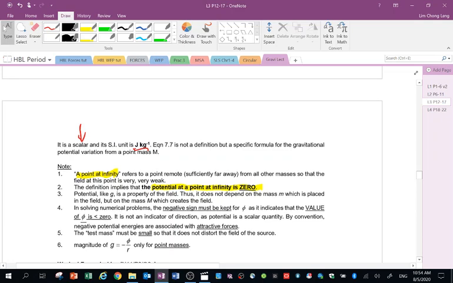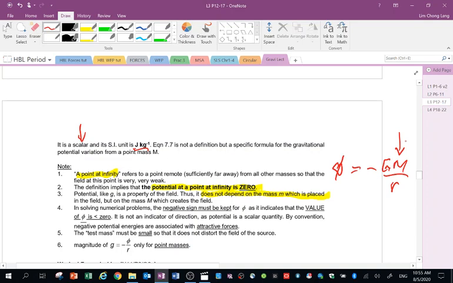Potential does not depend on the mass m which is placed in the field, but on the mass M that creates it. We know the formula. The formula I just showed you is phi equals minus GM over r. So it depends on this big M, the mass of the planet that creates it.